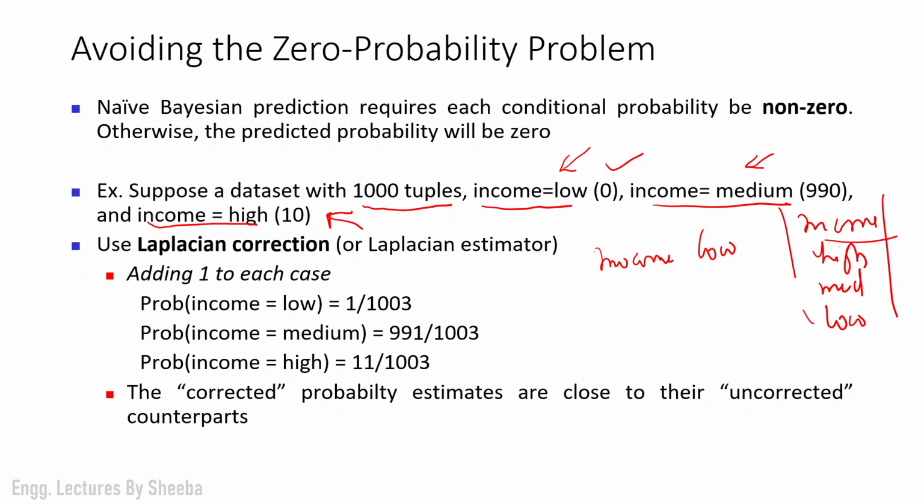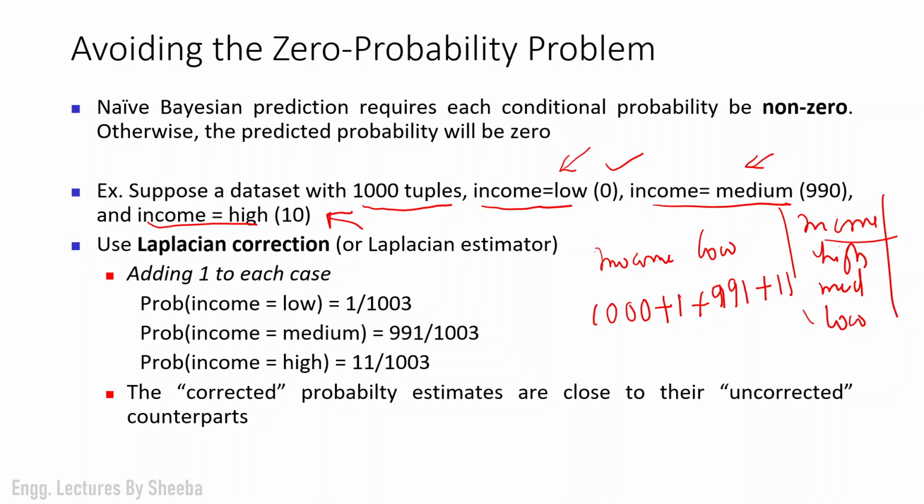How many tuples were there? You were having 1000 tuples previously. For income low, you have considered one tuple with a non-zero value. Income medium, instead of 990, now we will be having 991 tuples, and income high you will be having 11.